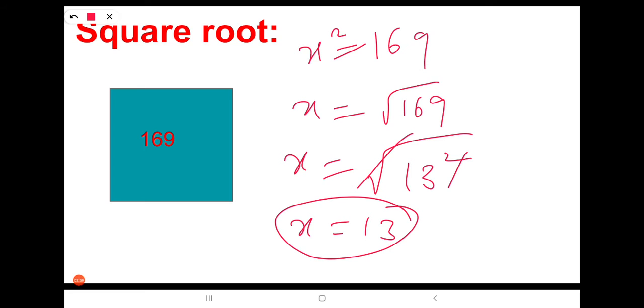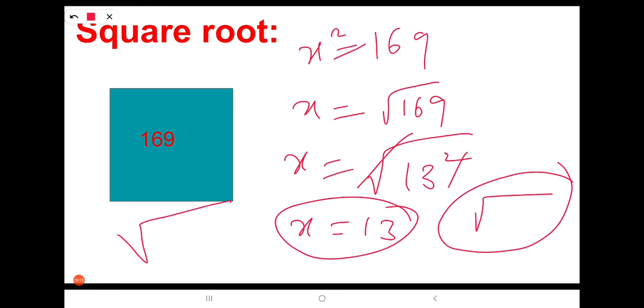Square root is nothing but an operation indicated with this symbol. This is the square root, remember. If you observe, this is the square root symbol. Here there is no number inside of this cap.